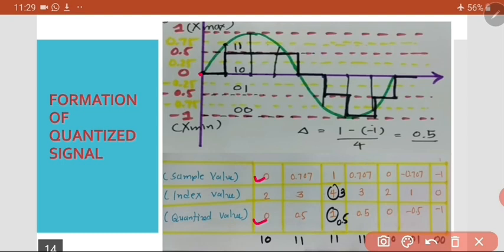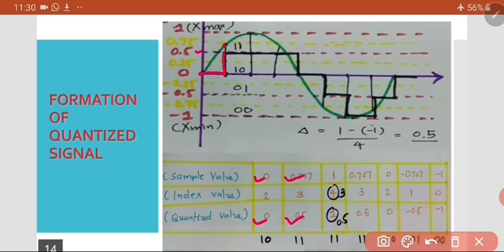Then we take the next sample value, that is 0.707, which is over here. For that value we have the quantized value of 0.5. So quantized level 0.5 is over here. So we extend our signal from the first quantized value 0 to the second quantized value 0.5.